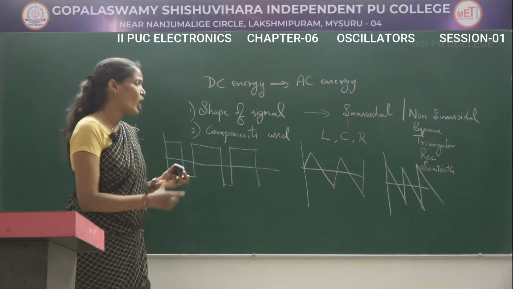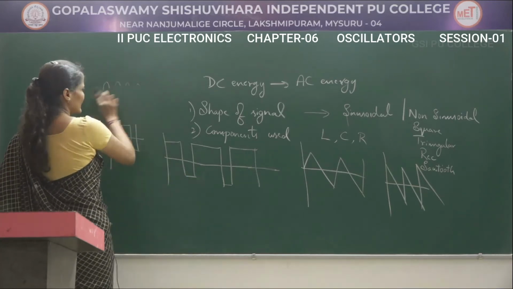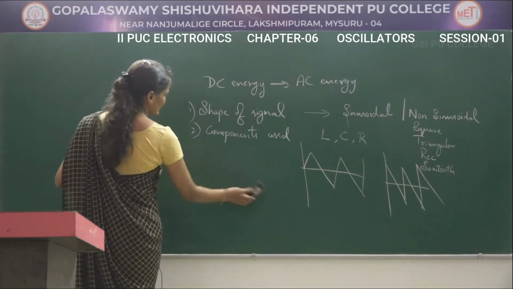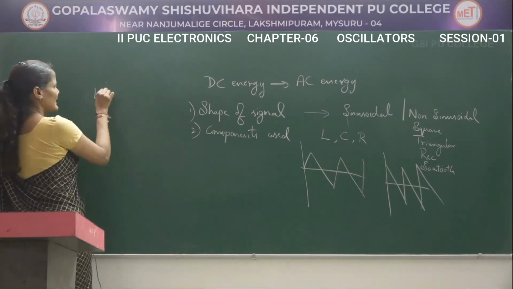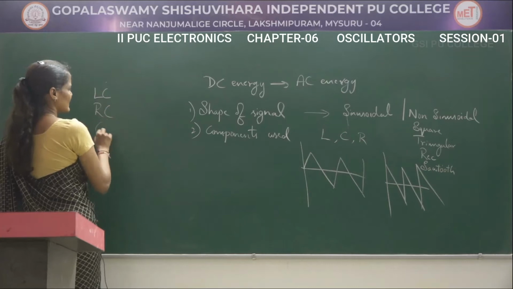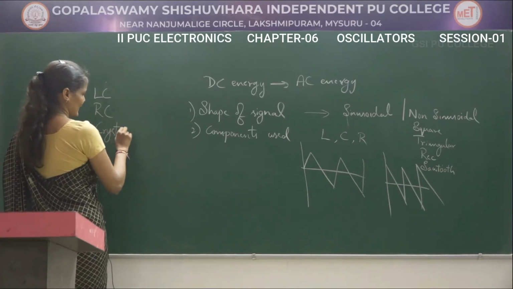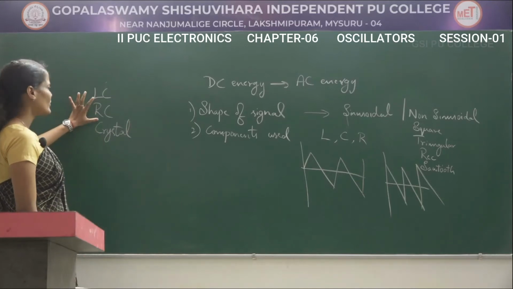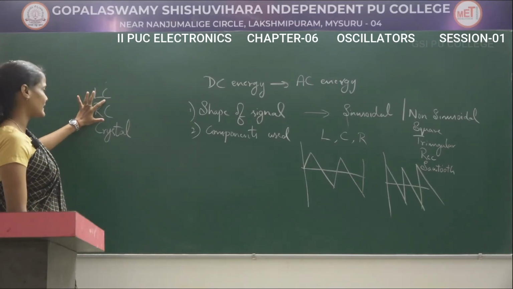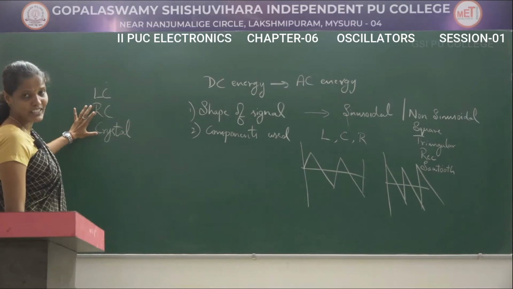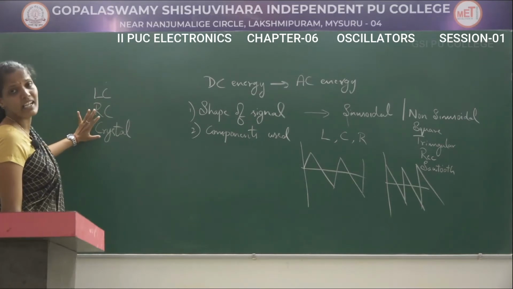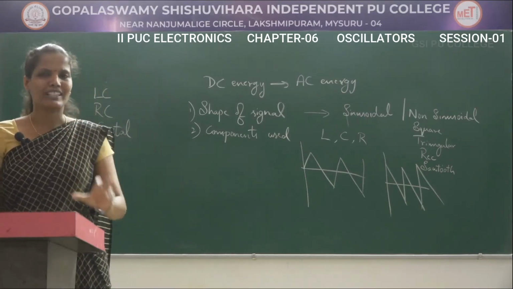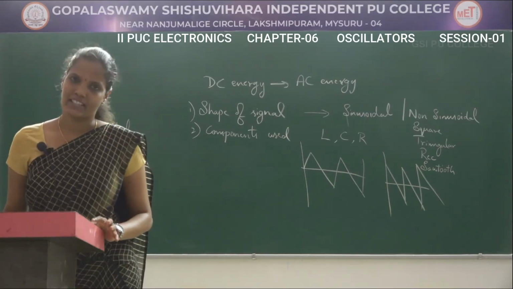And depending upon the components I use in the feedback circuit, these oscillators are classified into LC oscillators, RC oscillators and crystal oscillators. The name itself specifies: in LC oscillators we use an inductor and capacitor, whereas in RC oscillators we use a resistor and capacitor, and in the crystal oscillator we use a small crystal, hence the name crystal oscillator.